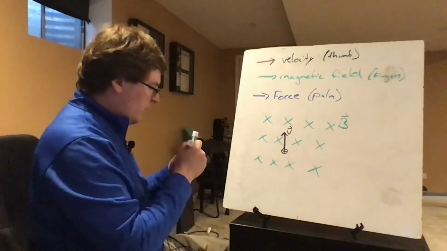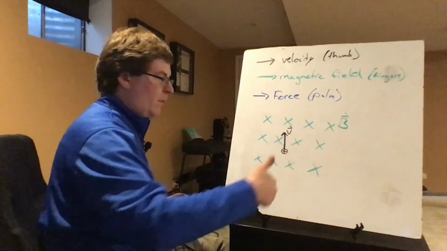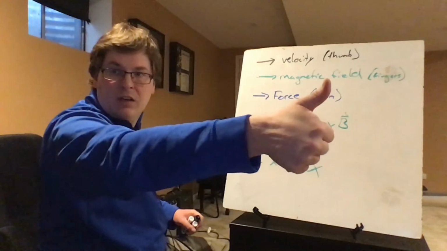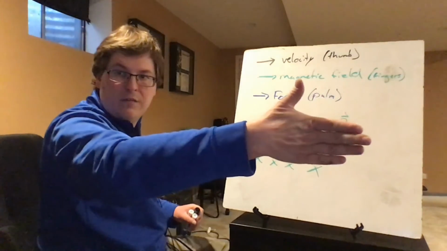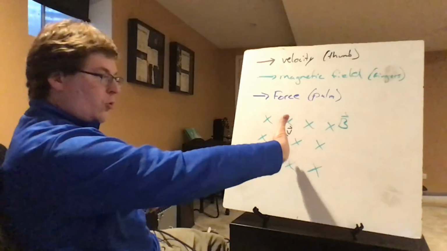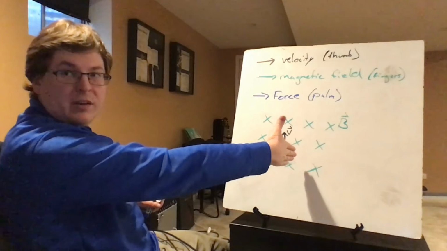And so hopefully you've had enough time to think about it, or pause the video by now, and I can say, all right, velocity, thumb going upwards. Fingers, magnetic field, are going into the page. And so with that being said, which direction does my palm point?